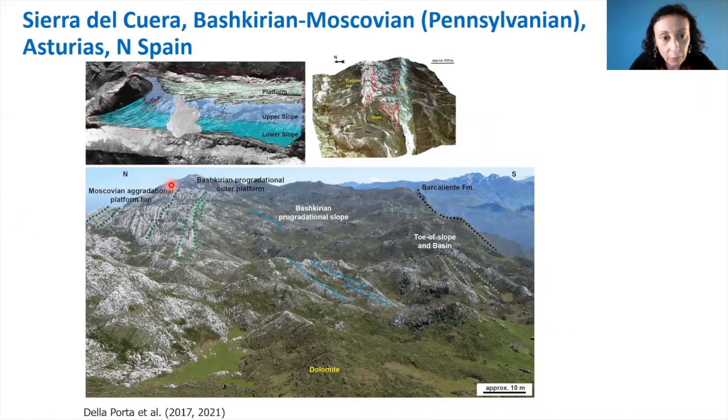On the north, well-bedded, the platform strata, and all this area where bedding is not too well visible, but there are some inclined beds, is the Bashkirian slope that is prograding towards our viewpoint.